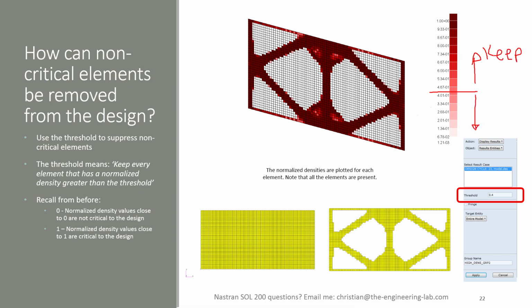Everything under that, you're going to ignore or remove. So here, this is before applying the threshold, and this is after applying the threshold. You can see it's removed all the elements that are less than 0.4. So again, this threshold is a cutoff point for the normalized material density.